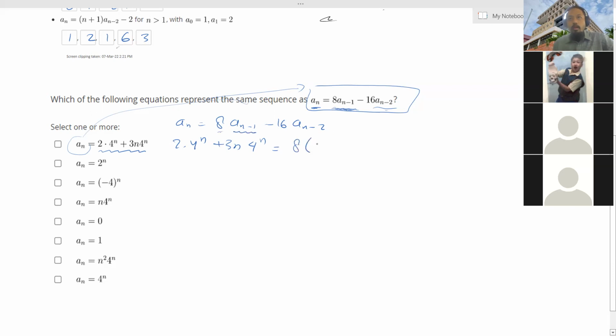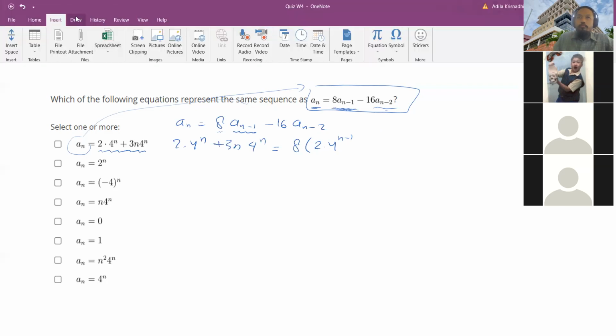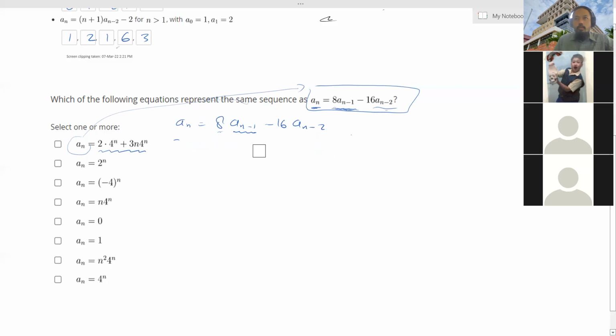So that means 8 times (2 plus 3(n minus 1)) times 4 to the power of n minus 1 minus 16 times (2 plus 3(n minus 2)) times 4 to the power of n minus 2.